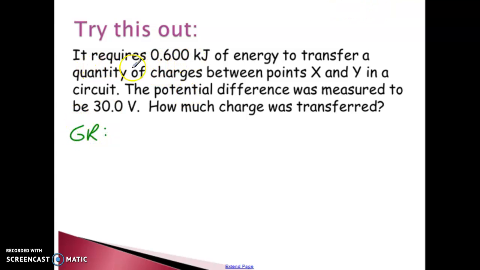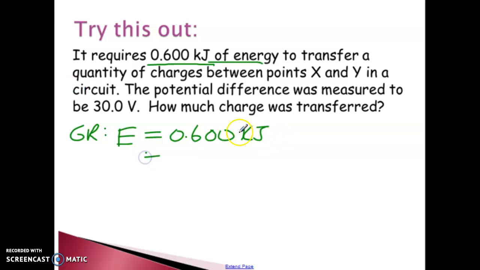It requires 0.600 kilojoules of energy to transfer a quantity of charge between points X and Y in a circuit. So we have the energy. Just like with any other instance where you have kilo, so kilojoule or kilovolt, whatever the case is, the unit conversion is always the same.